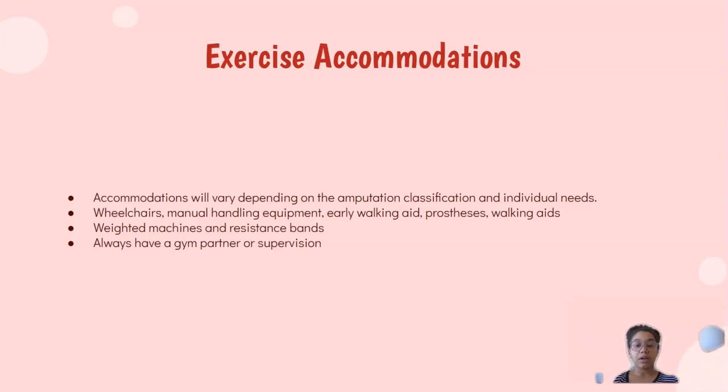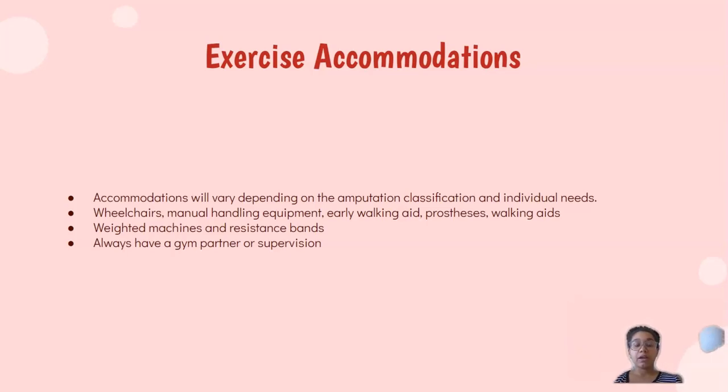And then there's also the option of an early walking aid, which is a temporary socket made out of an inflatable bag, which is supported with a metal frame and a prosthetic or a rocker foot for them to walk on, a prosthesis if they're fit for it, and walking aids, which includes crutches, walkers, quad and regular canes.